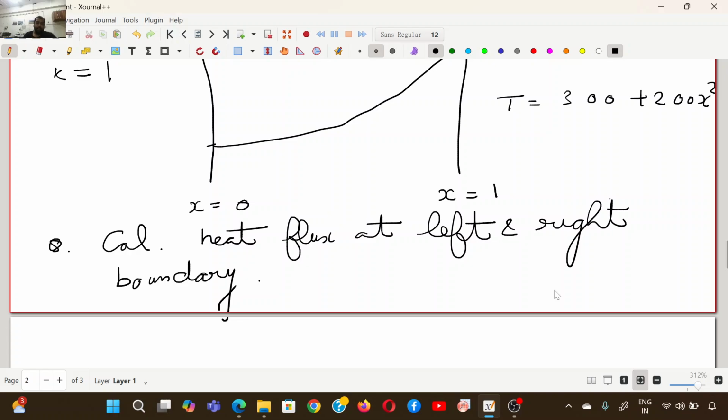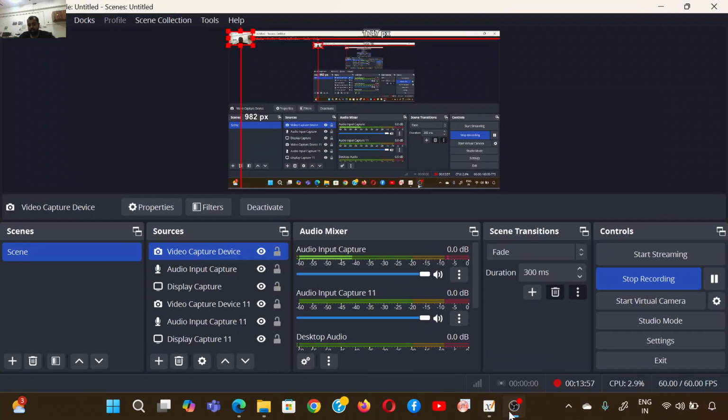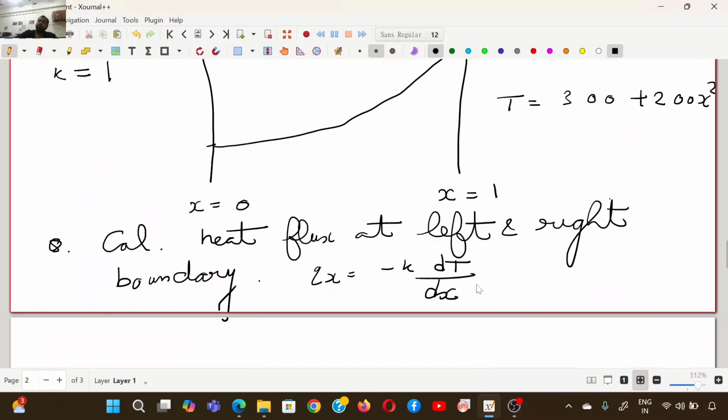And we know that Qx will be minus k dT by dx. So just take a couple of minutes and try to solve it. Very easy. Just apply this formula, plug in the value of T from the given problem. At x equal to 1, what is the heat flux? At x equal to 0, what is the heat flux? Just find out.